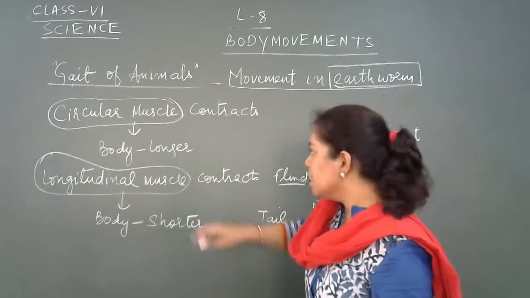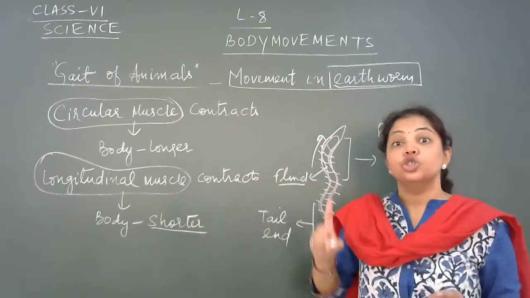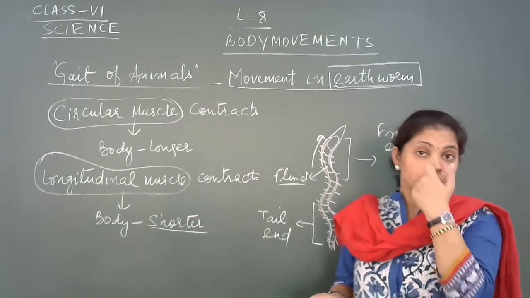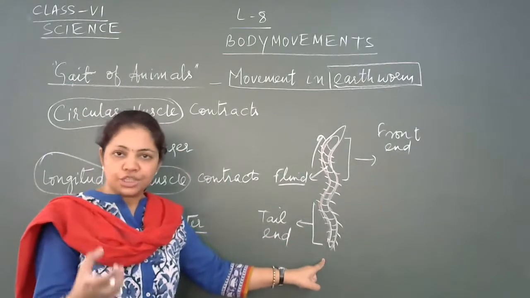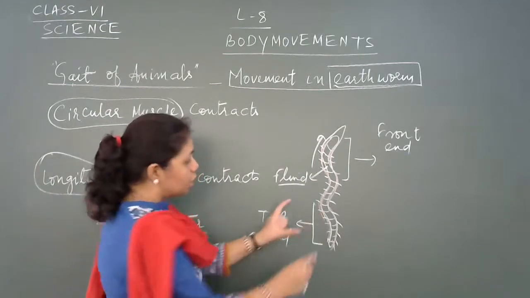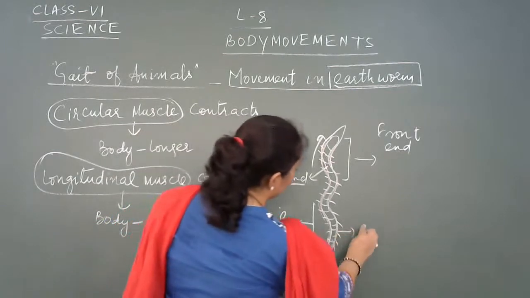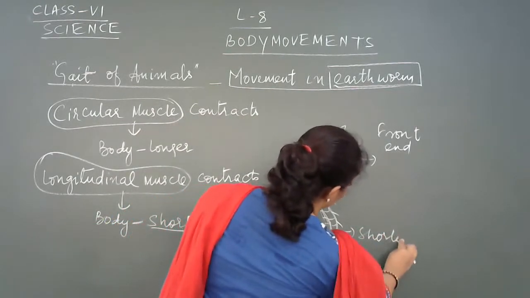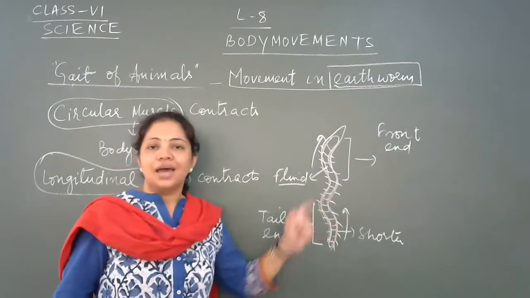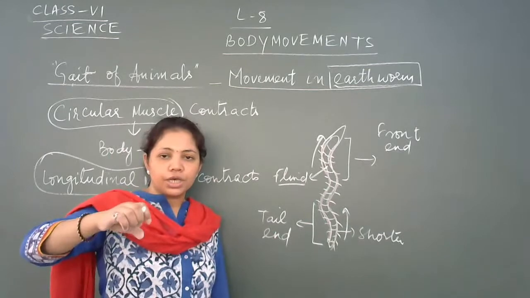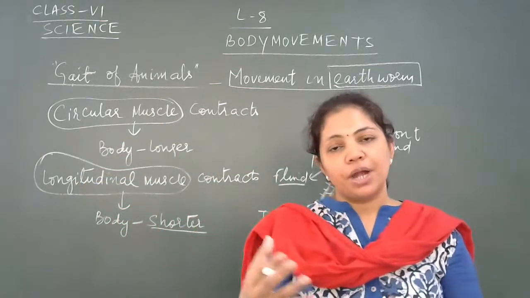And we know that when longitudinal muscles contract, body becomes shorter. तो जो rear end है उसमें जो longitudinal muscles हैं वो contract होती हैं, तो यहाँ से उसकी body contract होके short हो जाती है, right? So here body becomes shorter and it is moved in front direction. और shorter हो गए तो rear part है वो आगे की तरफ move कर जाता है.